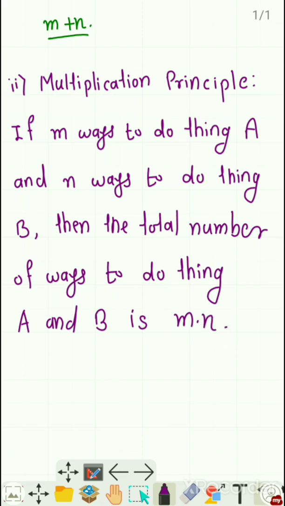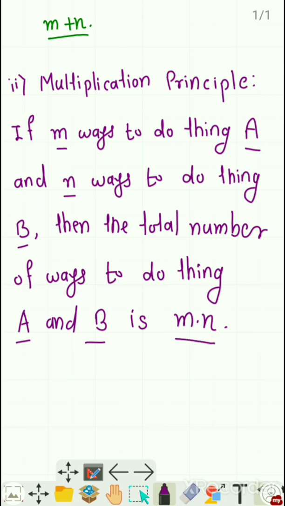Okay. So see here, once again, if there are m ways to do thing A and n ways to do thing B, then the total number of ways to do thing A and B, first do A and then do B, is given by the product of m and n, m into n.